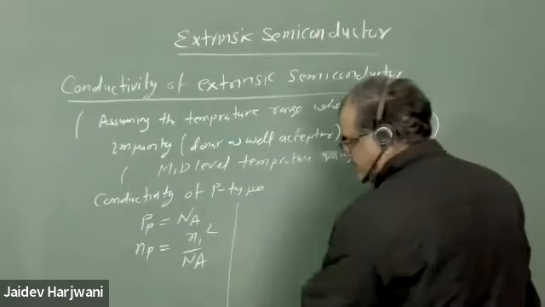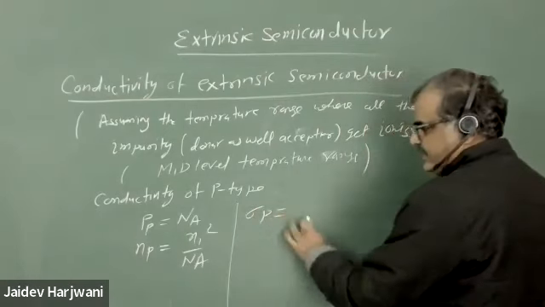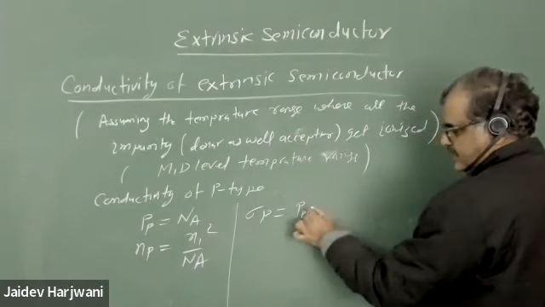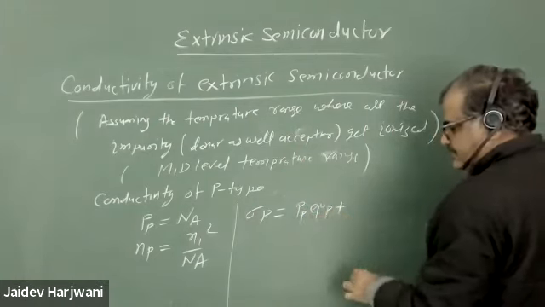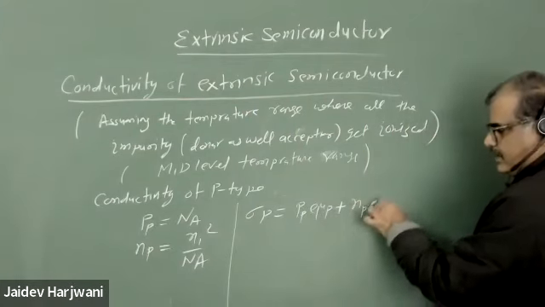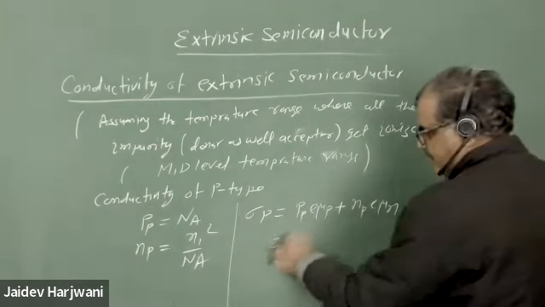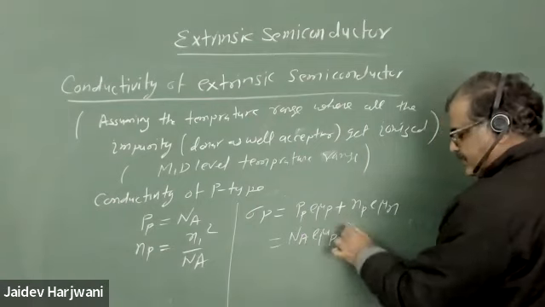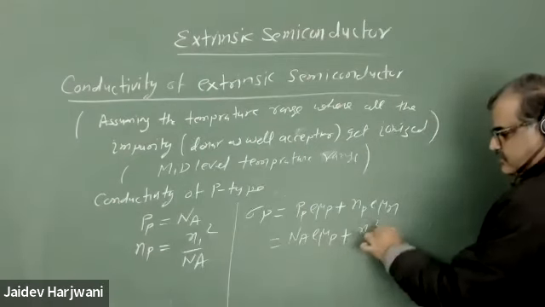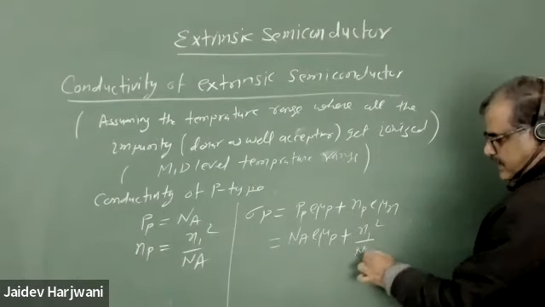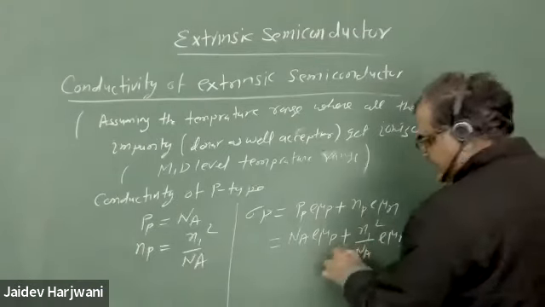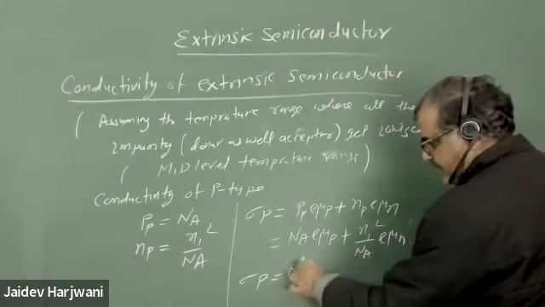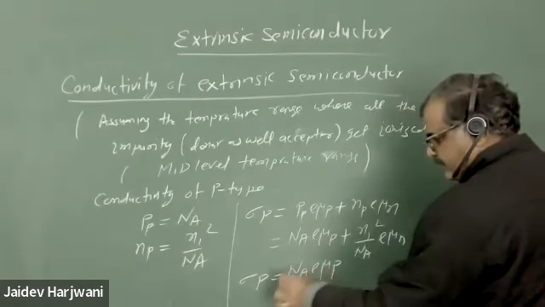The conductivity of p-type material equals pp e mu p plus np e mu n, where pp is equal to Na, and np is equal to ni square upon Na. This will again be neglected, so you can write the conductivity of p type as Na e mu p.